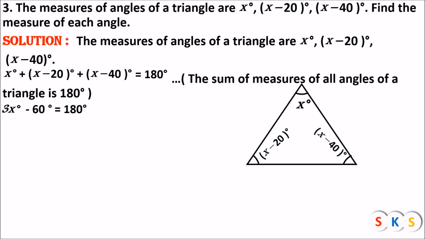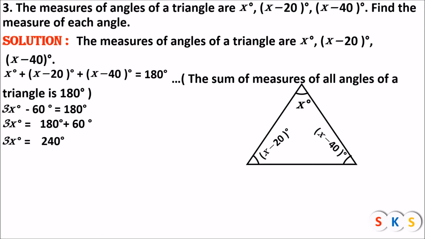Now we shift minus 60 degrees to the other side of the equals sign. So we get 3x degrees equals 180 plus 60 degrees. Therefore 3x degrees equals 180 plus 60, which is 240 degrees.